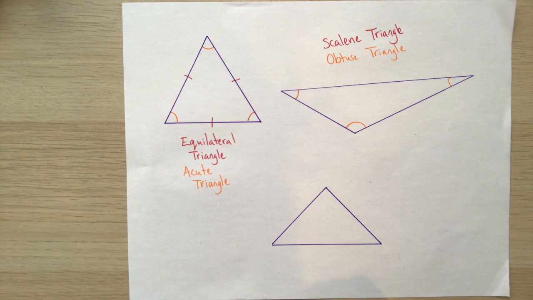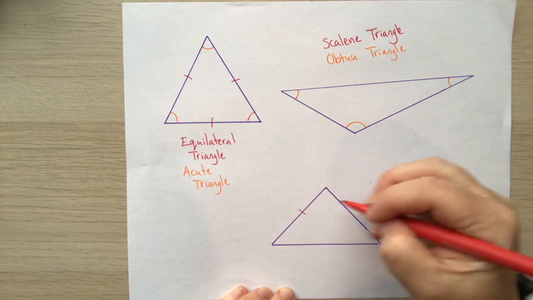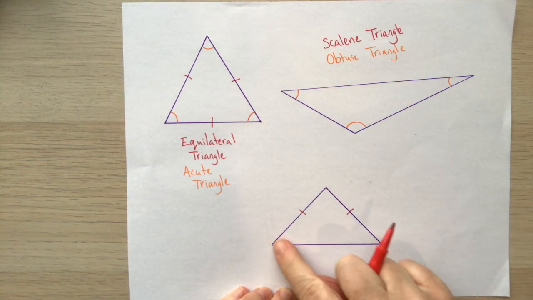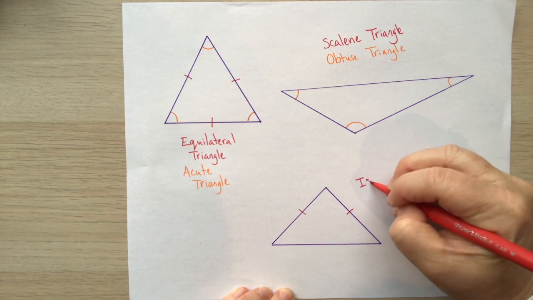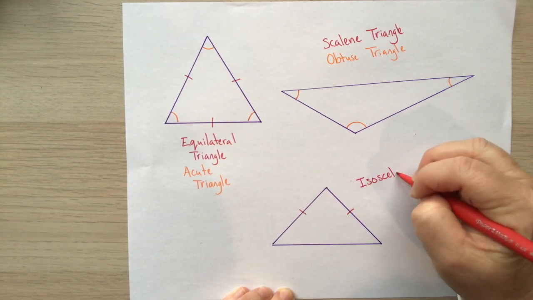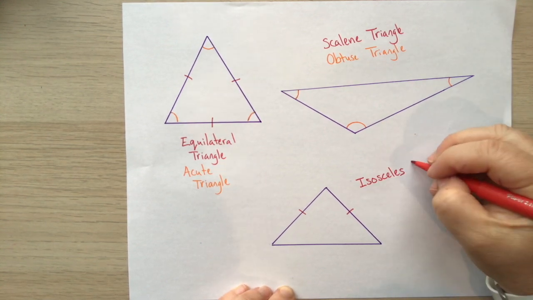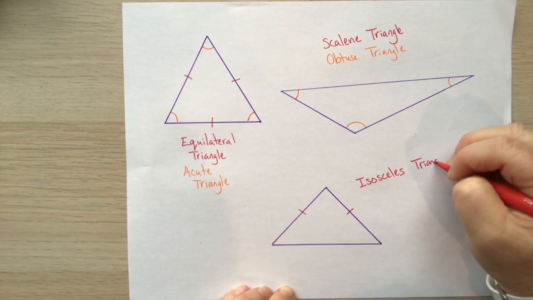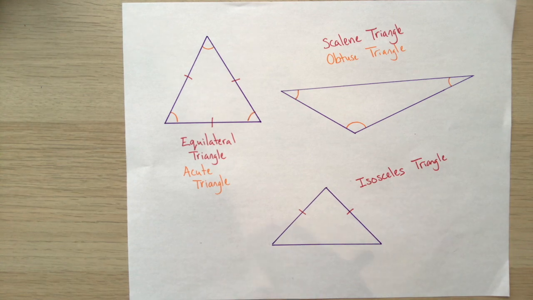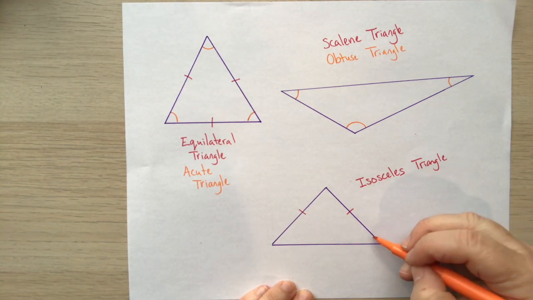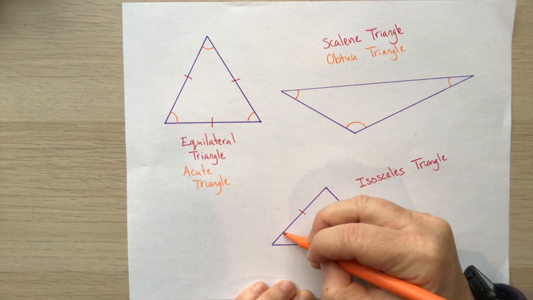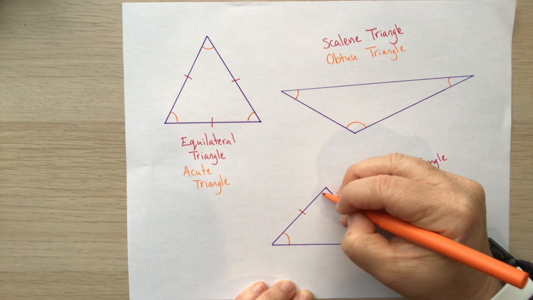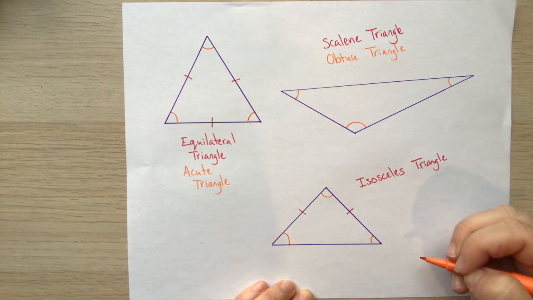Now for this one here, we have 2 sides that are equal to each other. This one is longer. That makes this an isosceles triangle. Now these ones are acute, all 3 of them.